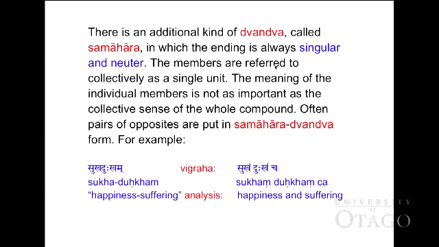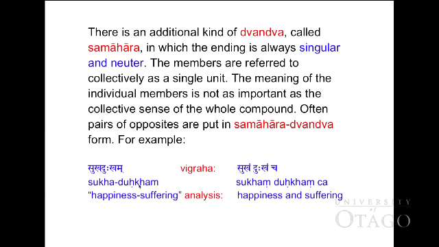The members are referred to collectively as a single unit. The meaning of the individual member is not as important as the collective sense of the whole compound. So often pairs of opposites are put in Samahara Dwandwa form, such as you see Sukha Dukkham. Sukha is happiness, Dukkham suffering.